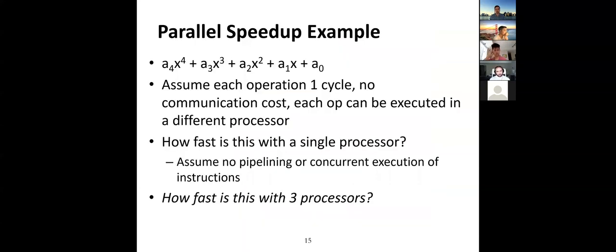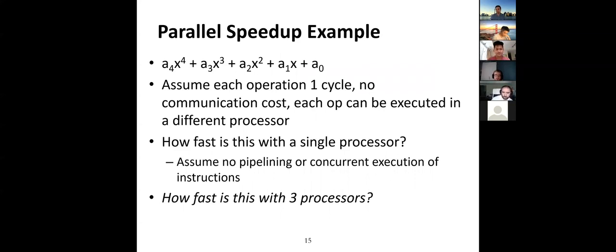So the question is, after that, how fast can you do this with 3 processors? Try to do the same thing with 3 processors. Assume you have 3 parallel computational units, and you can break it into pieces, how fast can you finish this? We count the maximum number of cycles on one processor.